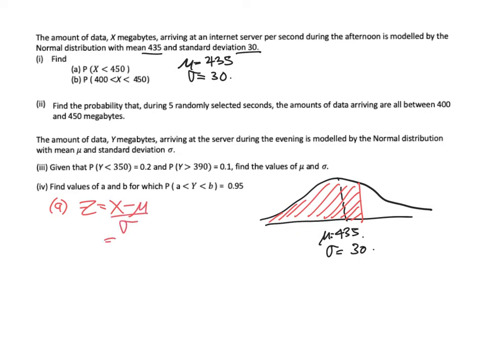X here is 450 minus mu 435 over 30, and the answer that I got is 0.5. Then find phi of 0.5, and the value is 0.6915, or 69.15%.